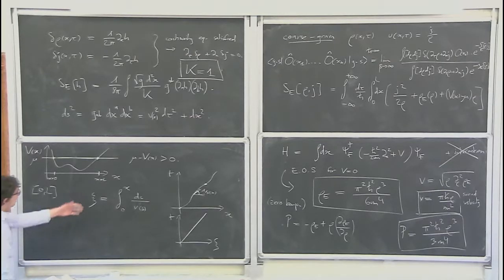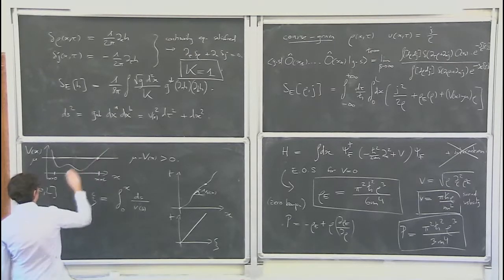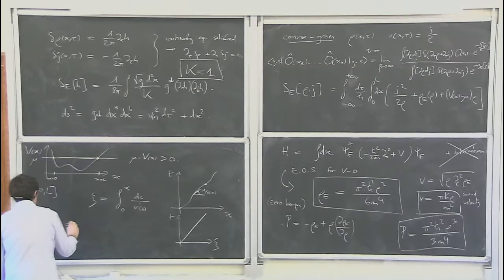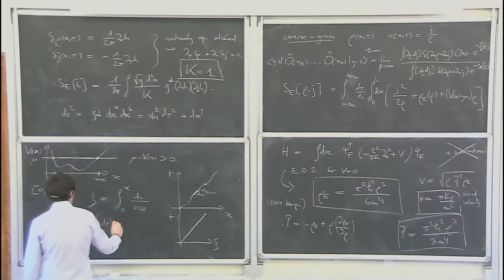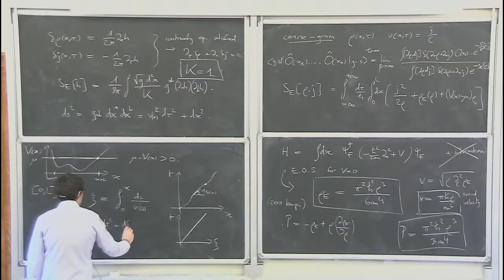And so in terms of this coordinate, the metric now looks like v of x squared d tau squared plus d xi squared.